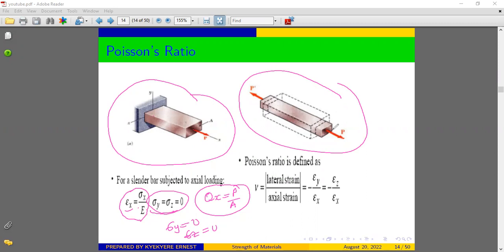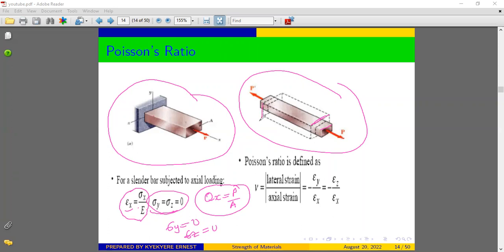As a result of the deformation in the x-axis, it has caused the length on the y-axis to reduce. This was the initial one. But now look at the length on the y-axis. There has been a contraction because of the elongation in the x-axis. Also, this is in the z-axis. Also, in the y-axis, you will see that this was the original length.